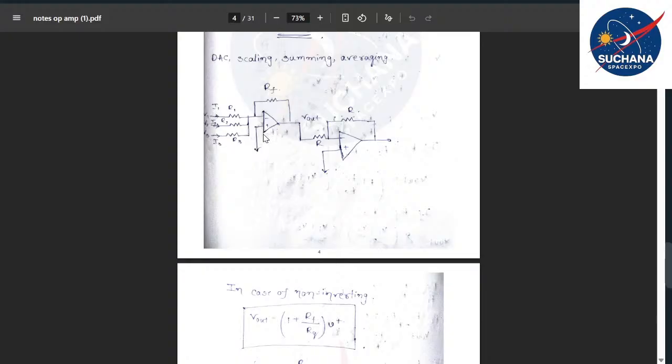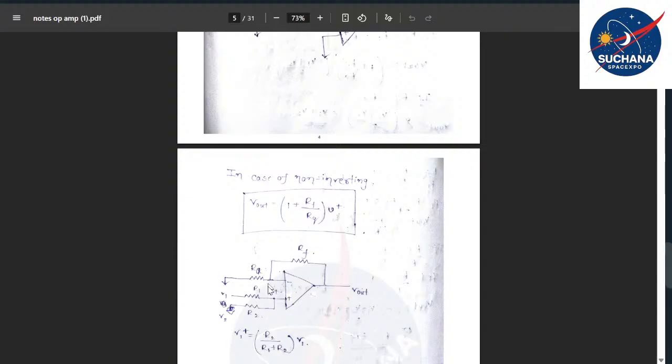If you are building something like an inverting summation amplifier or an inverting averaging amplifier, in the inversion condition we are not connecting any resistor to the non-inverting terminal. Here we are not connecting it directly to the ground. In between, we have a resistor. Okay.